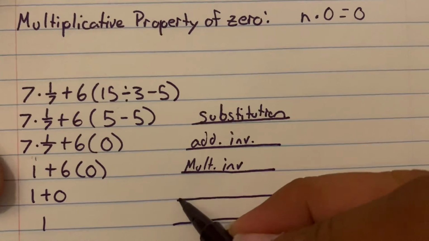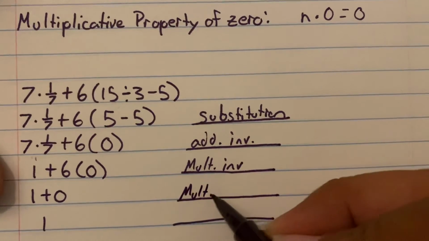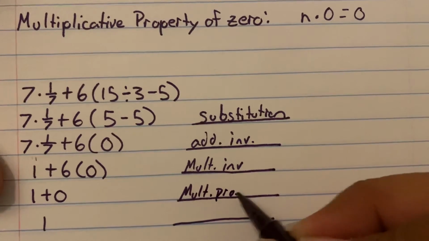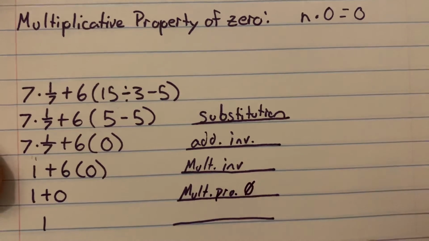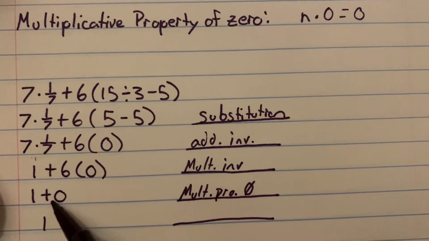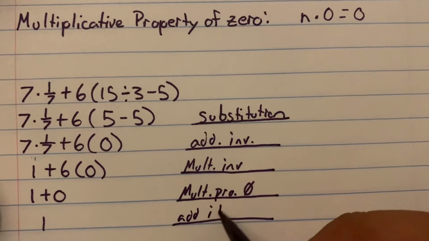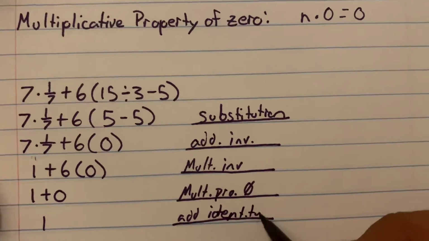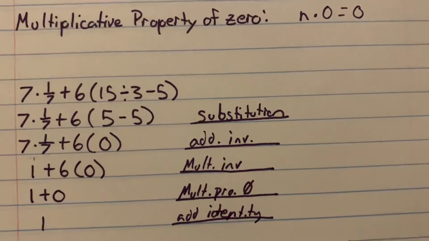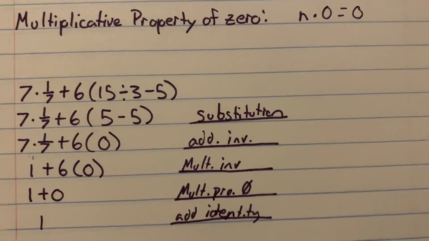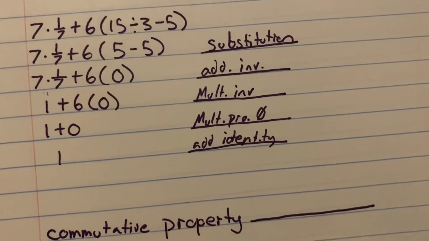That's the multiplicative property of 0. Okay? And then here, 1 plus 0 ended up to be 1. That's the additive identity. Okay? That's what's happening there.